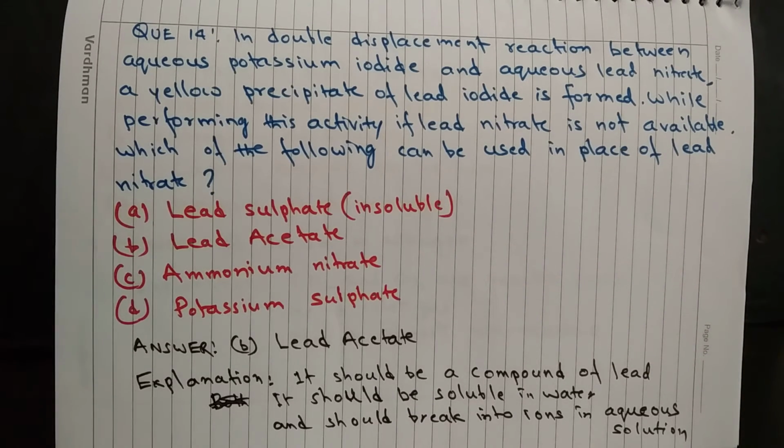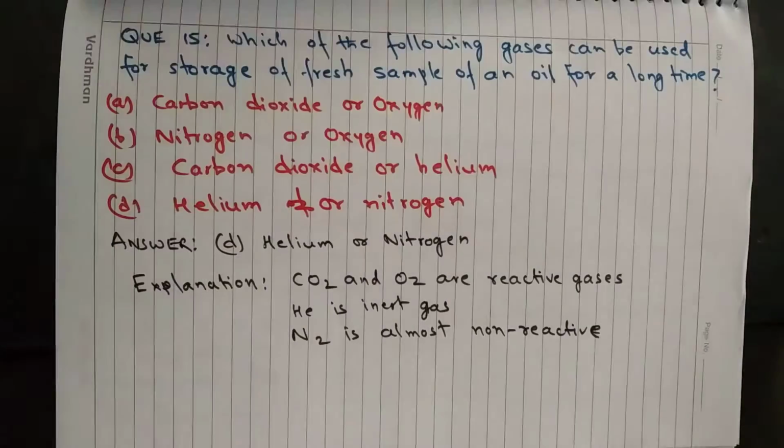Now, for double displacement reaction to take place, it is necessary that both the reactants should be soluble in water and they should break into ions in aqueous solution. Unless they break into ions, there won't be exchange of ions to make new products. So option A is insoluble, so this can be ruled out. This leaves option B, lead acetate.